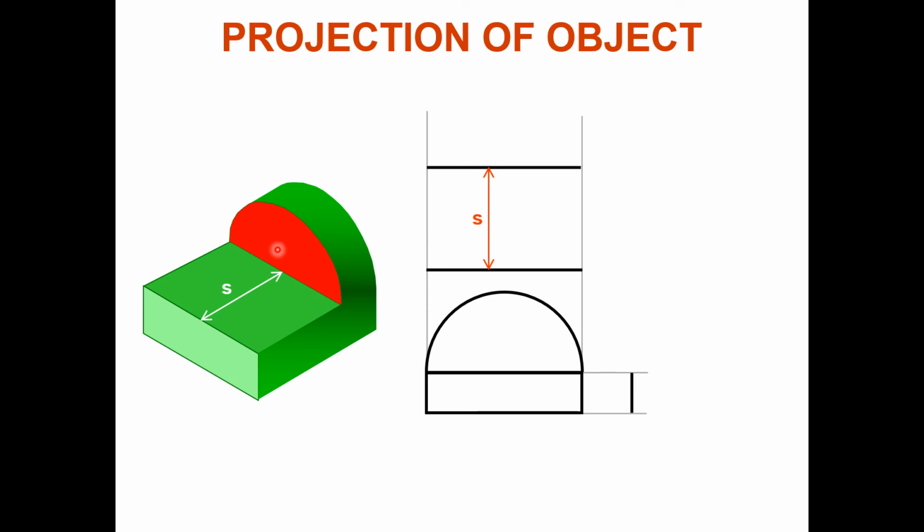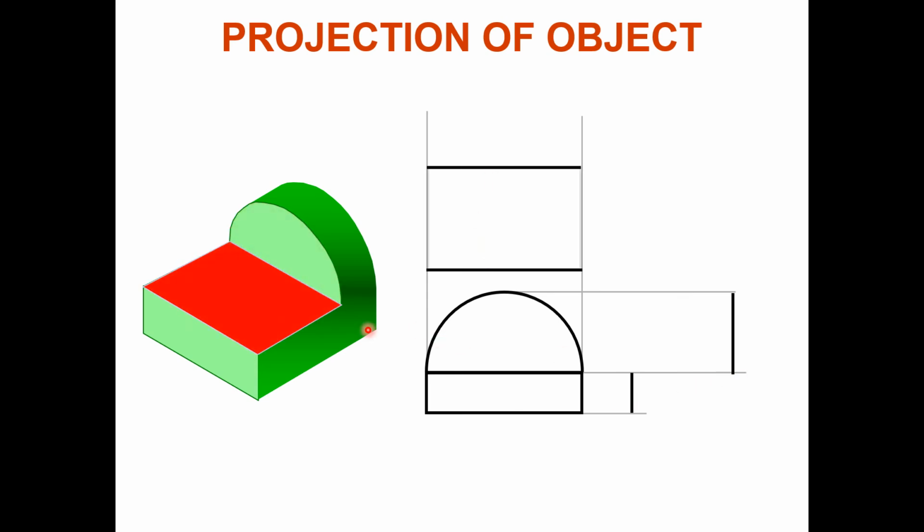And when you will see from the top, at a distance, whatever the spacing, you will see from the top a cut here. Similarly here is a cut. Now when you will see from the top side that plane, when you will see from the right side that plane is here.